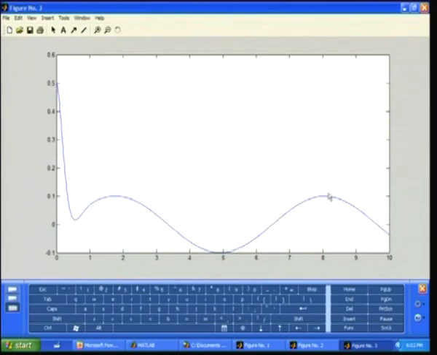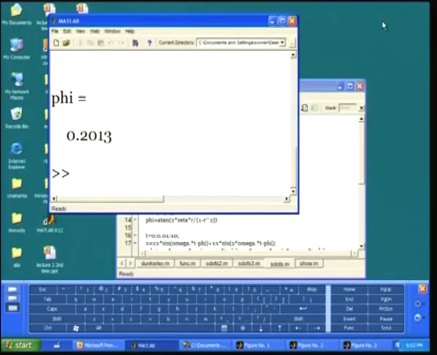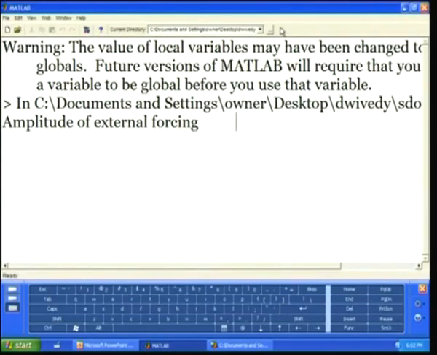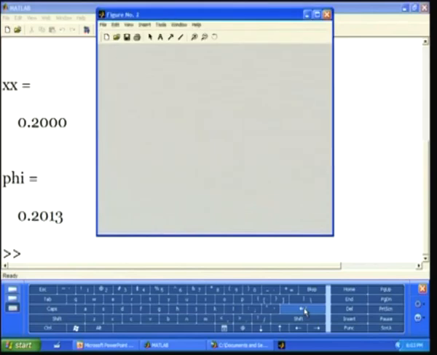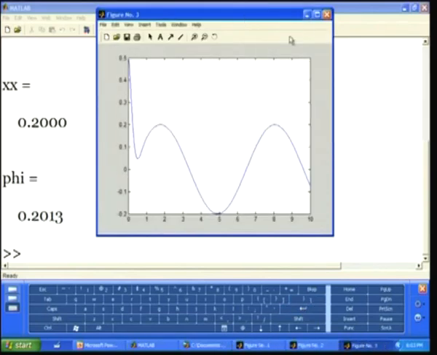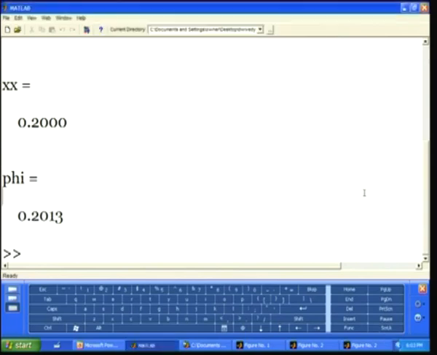You can change these values and obtain different types of response of the system. Let me change the forcing amplitude to 20 and the forcing frequency to 1. In this case also you can see the amplitude is increasing. Similarly, you can study different cases.